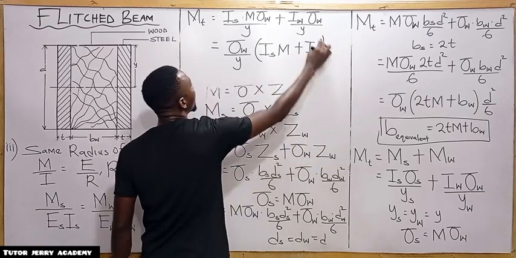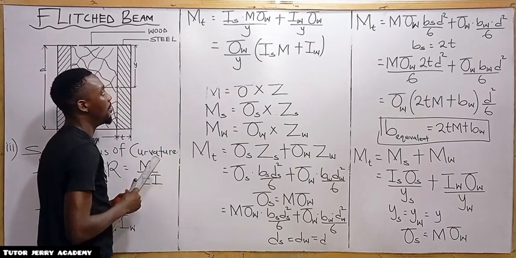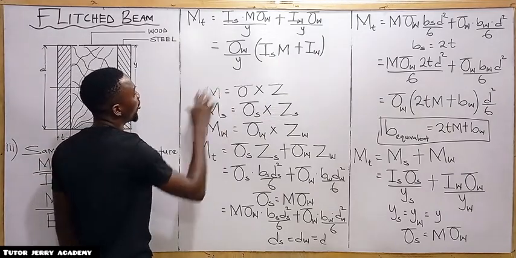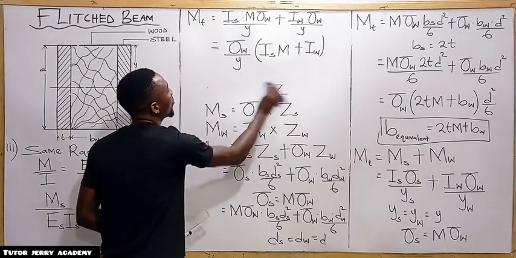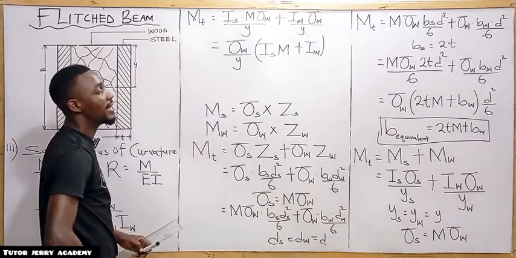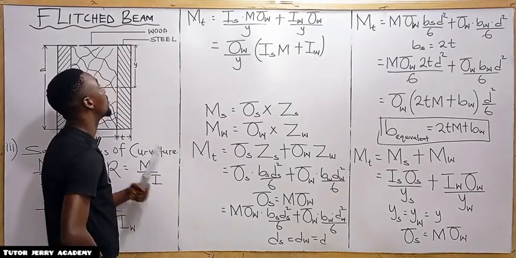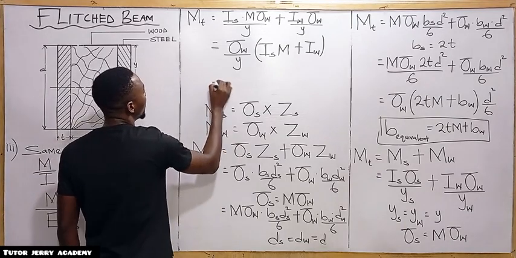So here this is called I equivalent, that is the moment of inertia equivalent of the section. All right, so you have to take note of all these derivations. We are going to be applying them in our subsequent lectures. We are going to be using them to solve a series of problems.